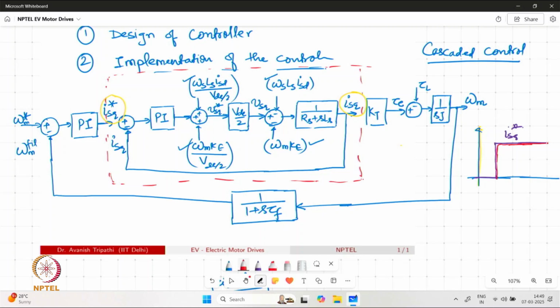So before any action starts happening in the speed control loop, we have our current control loop settled and the ISQ is already tracking the ISQ reference.